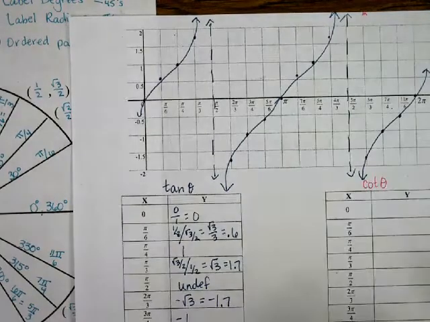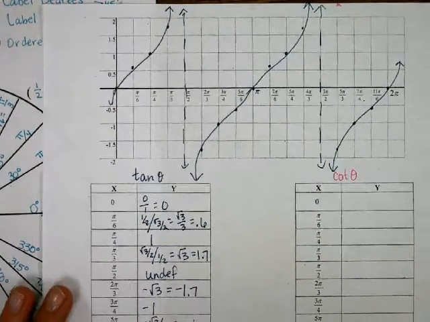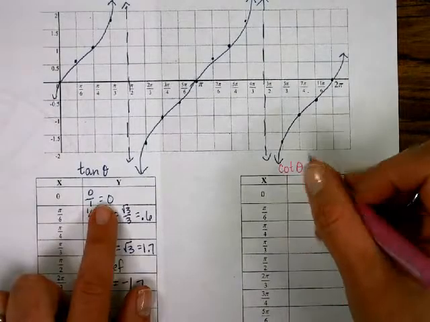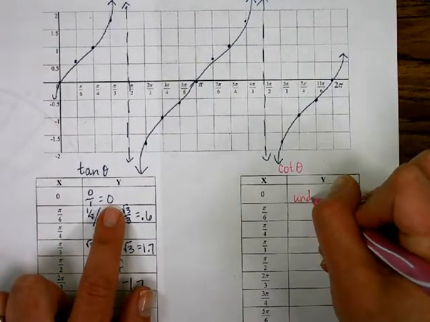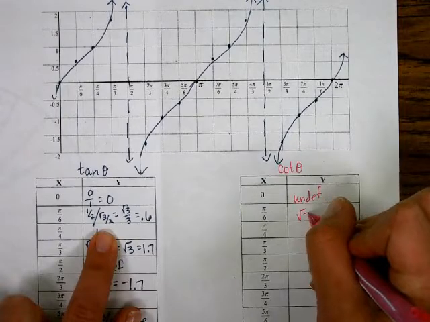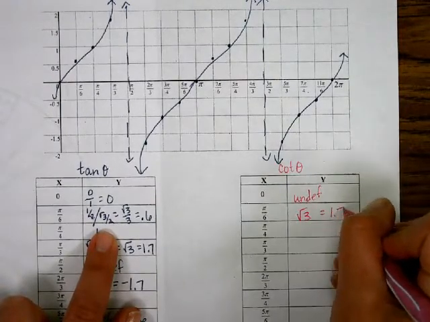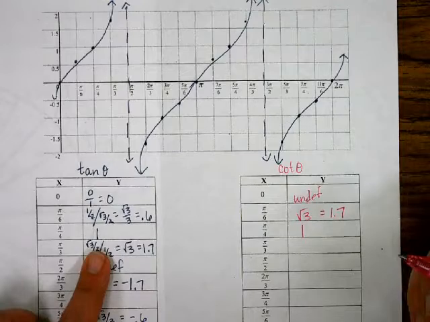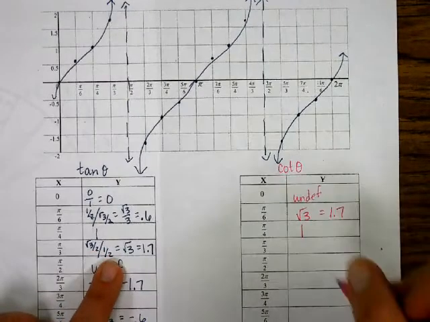Alright, so cotangent. Take these guys and I'm going to flip them over, so the guy's undefined. Flip that guy over, so I just get root 3, which is 1.7. Flip that guy over, which is 1. Flip that guy over, which is root 3 over 3, which is 0.6.